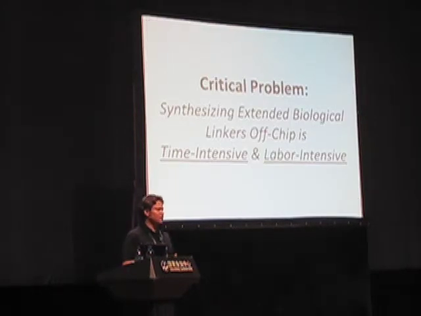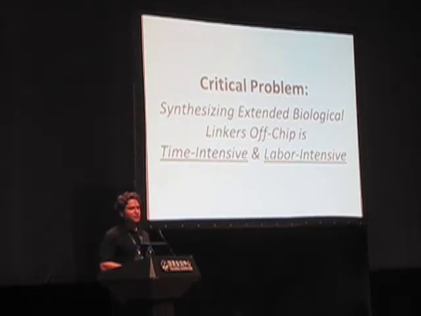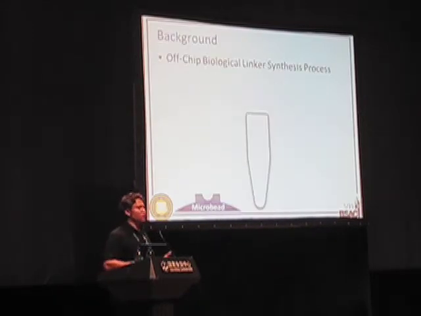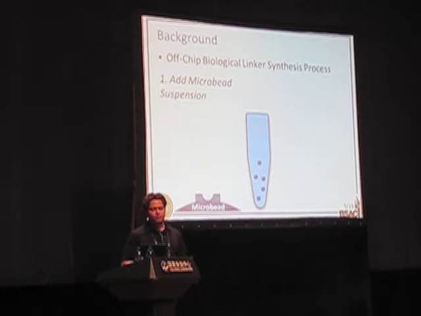But the issue here is that being able to synthesize these extended biological linkers off-chip can be an extremely time-intensive and labor-intensive process. To give you an idea of what I'm talking about, this is an overview of the synthesis process for extended biological linkers. First, we begin by adding a suspension of streptavidin-coated microbeads.